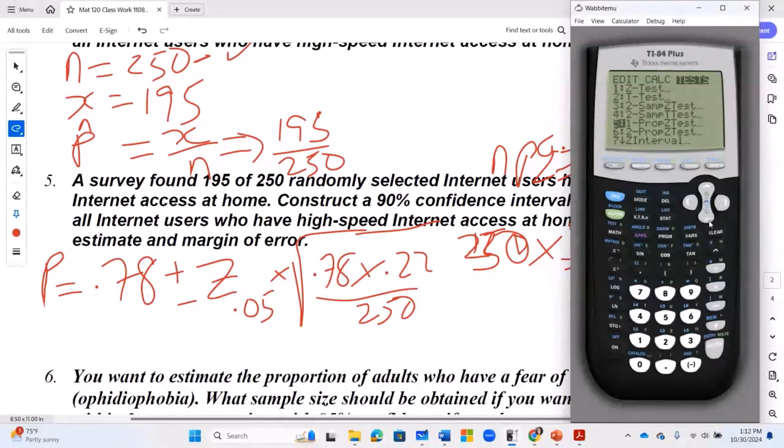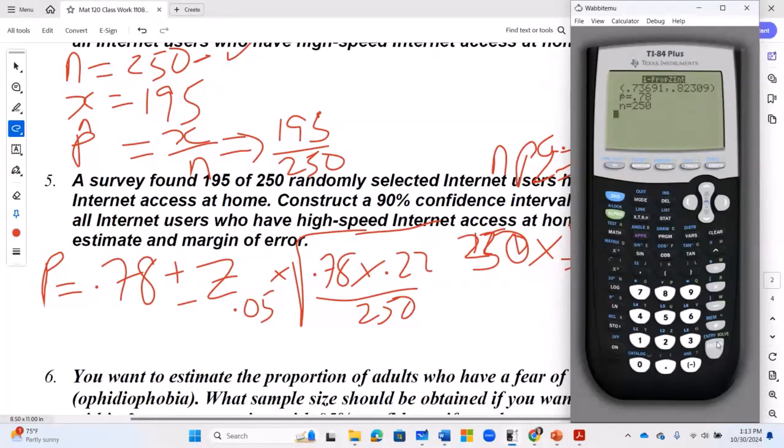The conditions for converting from binomial to normal are met. It's asking me what X is. X is 195, the number of people who showed up. And the sample size is 250. The confidence level is 0.9.